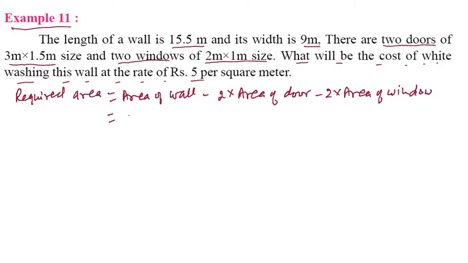So area of wall, length into breadth, so you can say 15.5 into 9. It is given here, it is 15.5 and it is 9, minus 2 into area of doors. Door is 2 doors, so it is multiplied by 2. So one door has 3 into 1.5. You can see here 3 into 1.5, minus 2 into area of window. Window is given as 2 into 1. So 2 into 1.